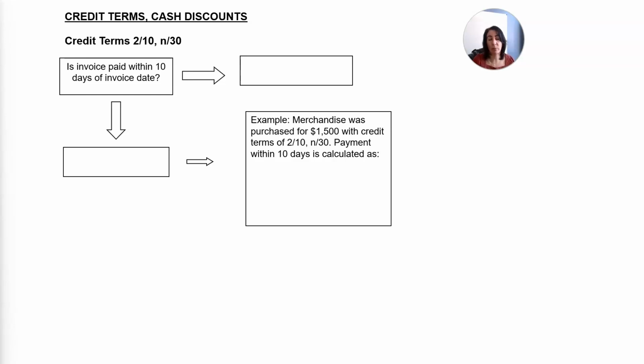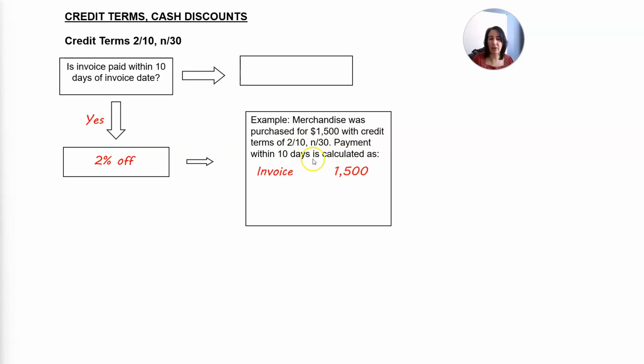All right. So we have to account for that, though. We're the accountants. So here we go. The invoice paid within 10 days, right? 2/10. If the invoice is paid within 10 days, then you get a 2% discount. And the example for that is merchandise was purchased for $1,500 with credit terms of 2/10 net 30.